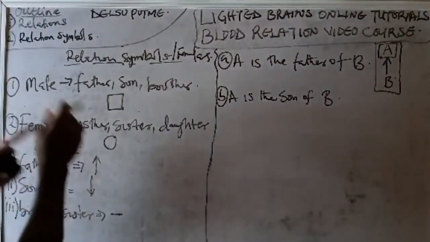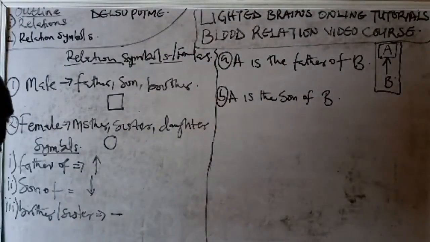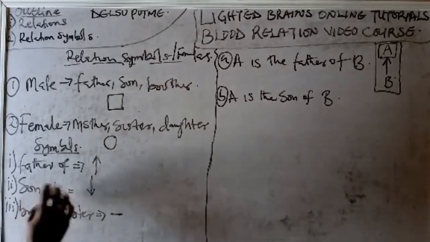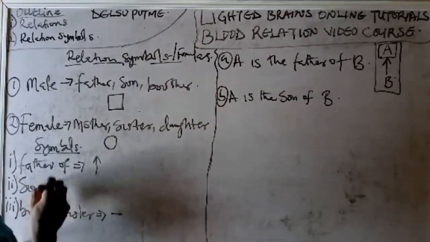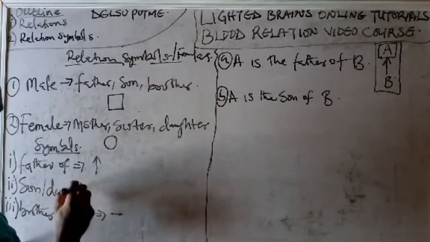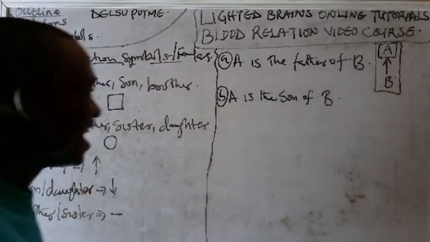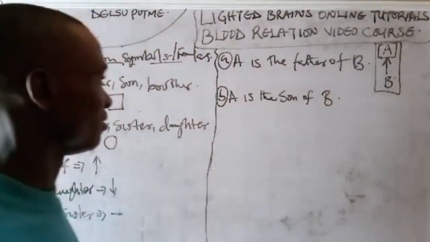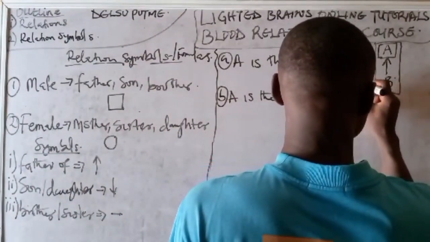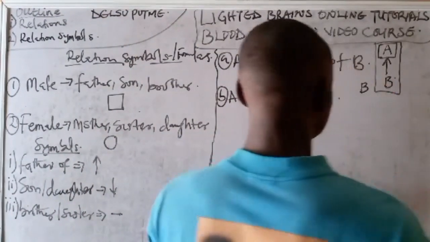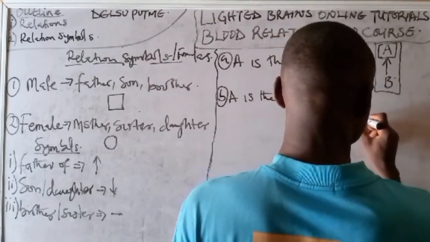When they talk about son or daughter relation, the arrow comes down. A is the son of B. Now, B will be here, the arrow will point down, and this is A.